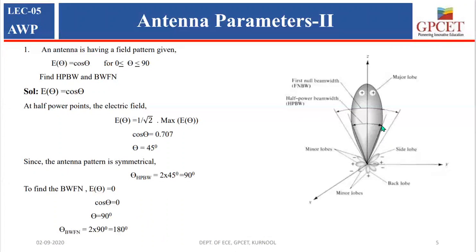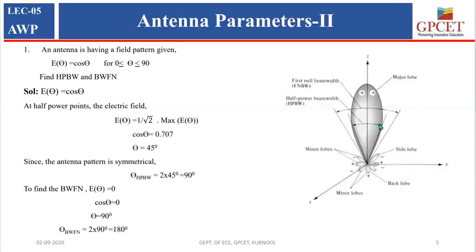That means the half power beamwidth is equal to 2 times theta. Theta is 45 degrees, so the half power beamwidth is 2 times 45 degrees, that is 90 degrees. That means this angle is 90 degrees.